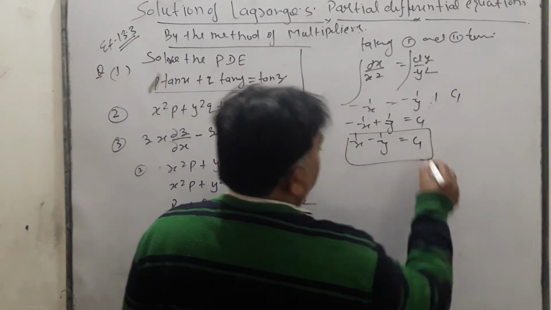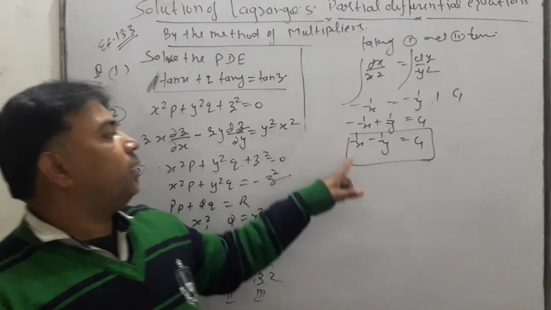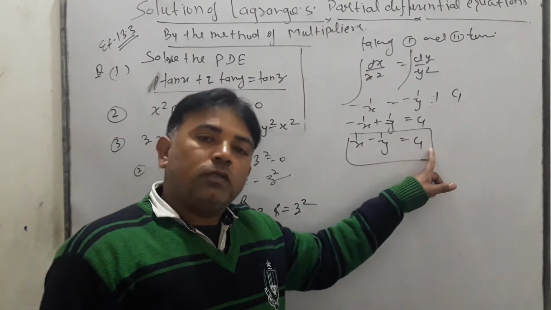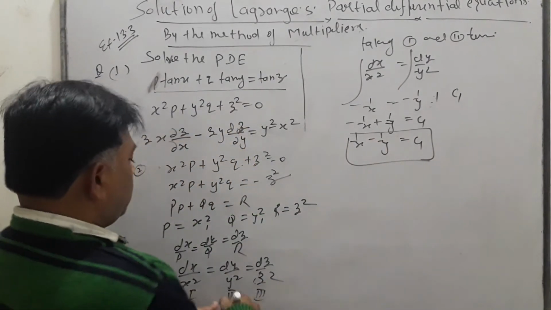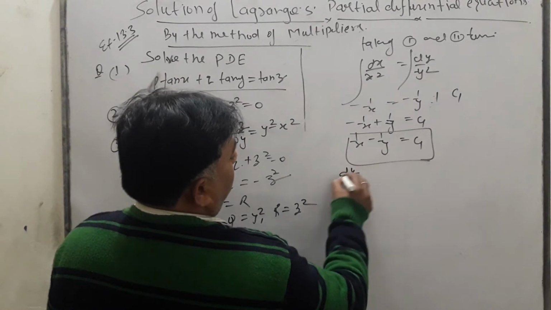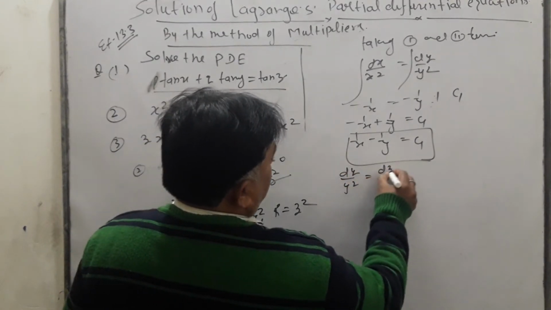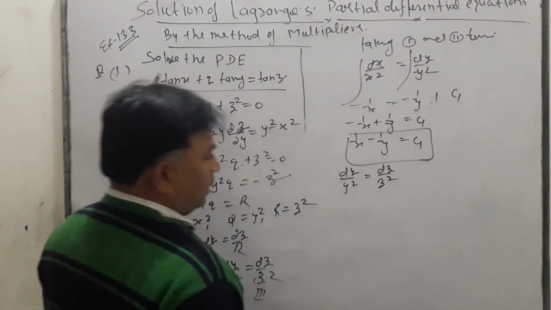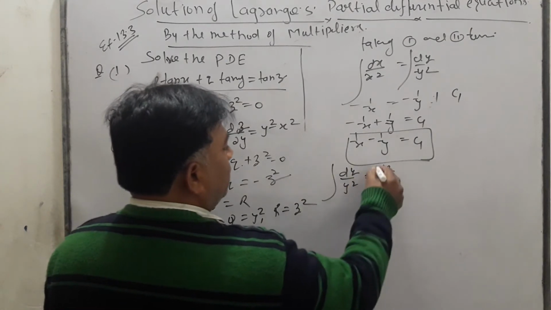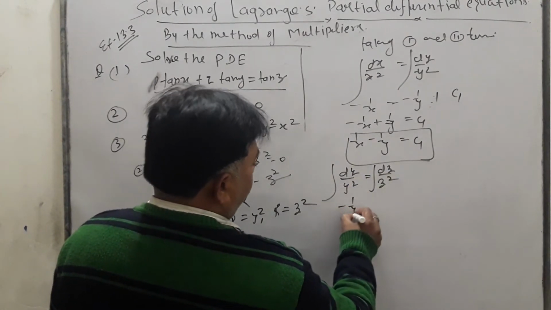You get the first solution of this equation: 1/x - 1/y = c1. After that, taking the next second term, dy/y² = dz/z². Again the same procedure, integrating both sides: -1/y.